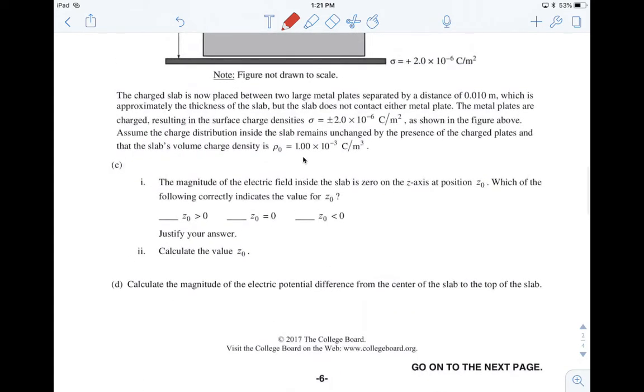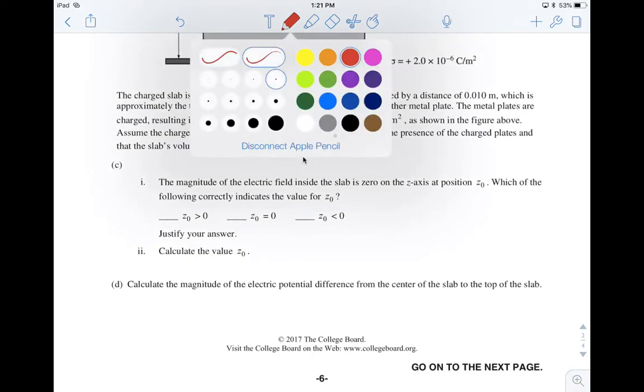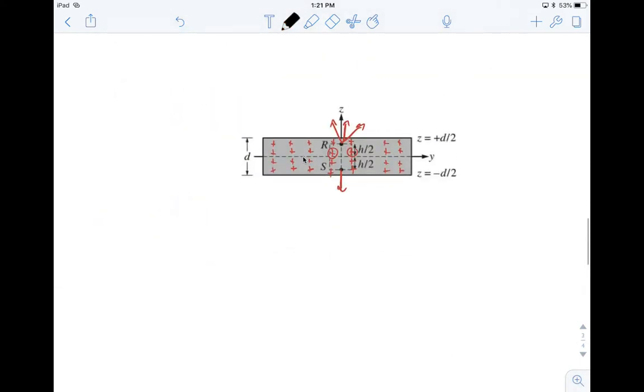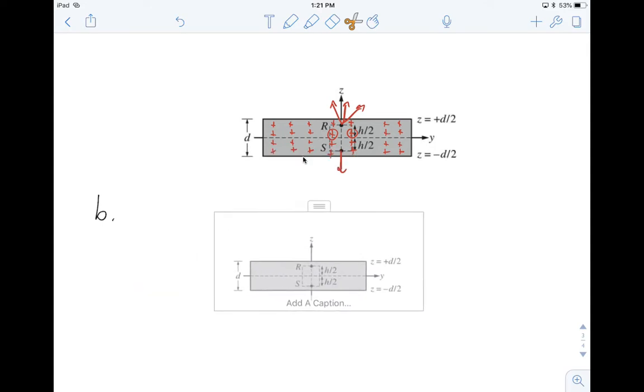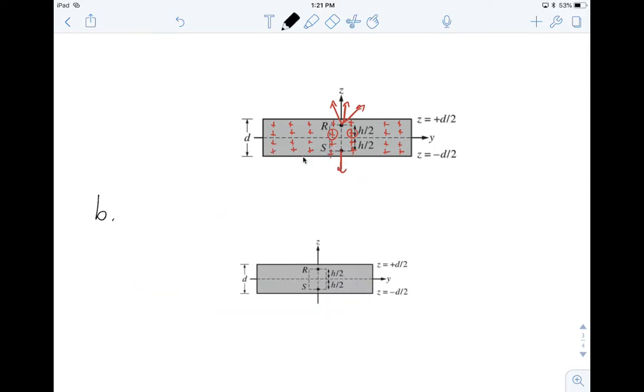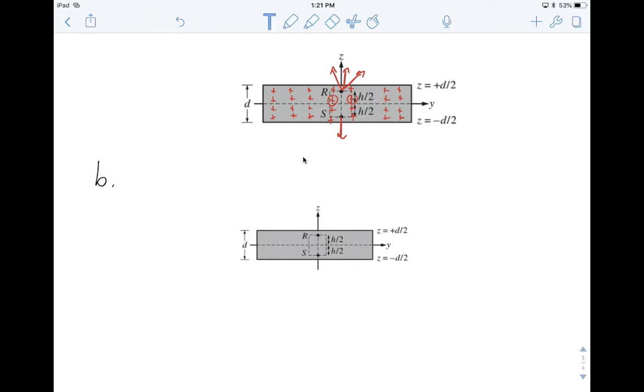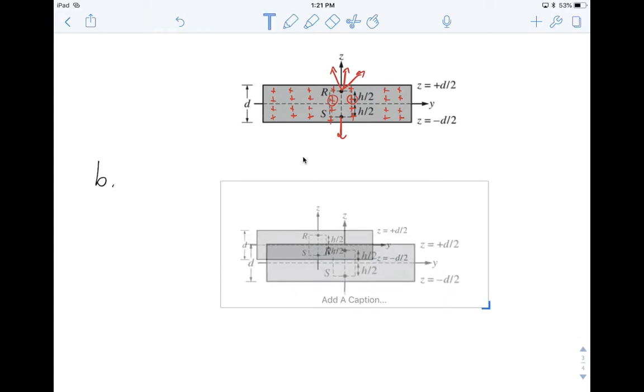Okay, so part B, total flux through the Gaussian surface. I'm going to paste that image again, and it's a little bit bigger.